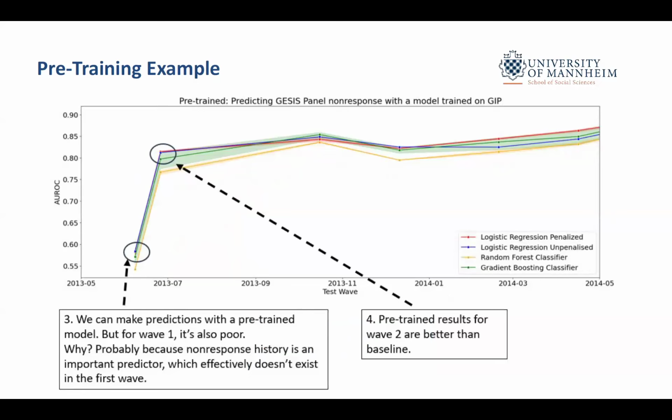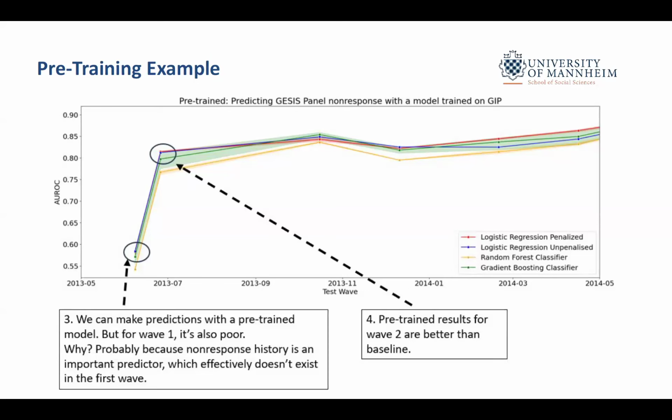So this is a model that we can just immediately throw people's information into and get some answers. So people are responding or not responding to wave number 1. We throw their data into the model. How good are the predictions about non-response in wave 2? The answer is pretty lousy.